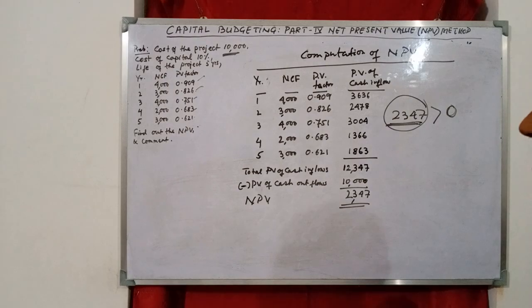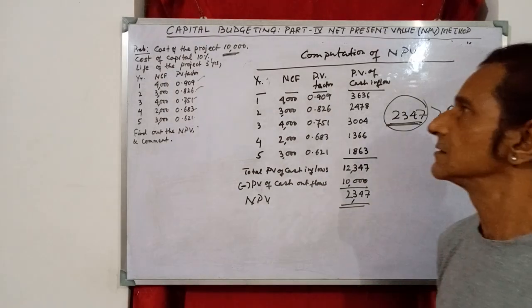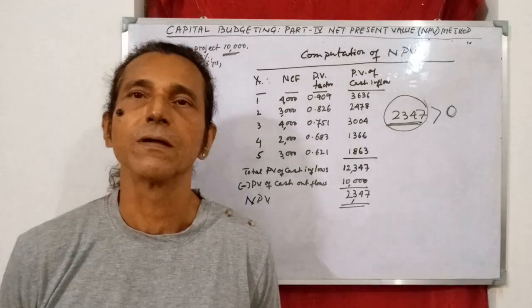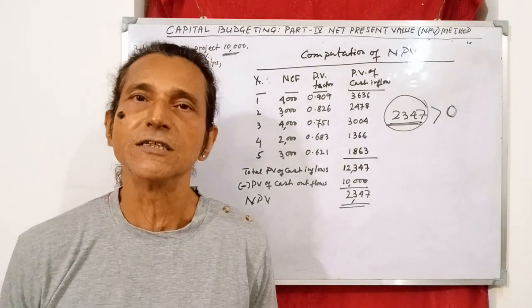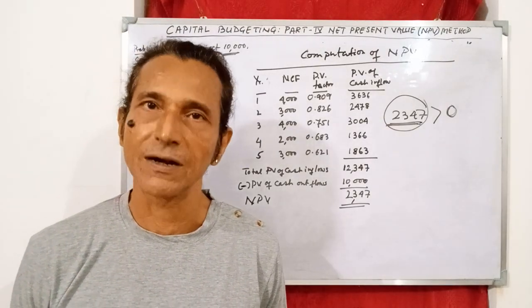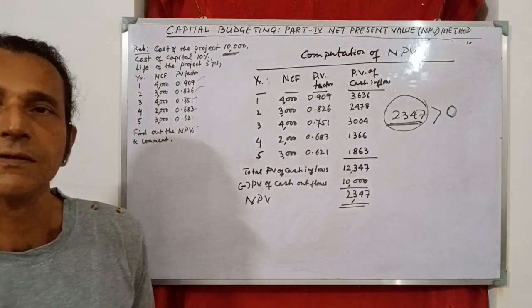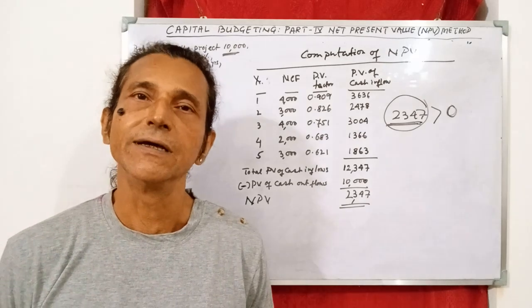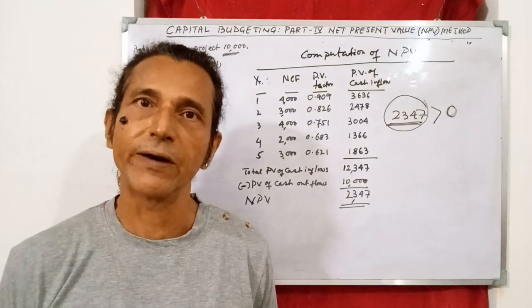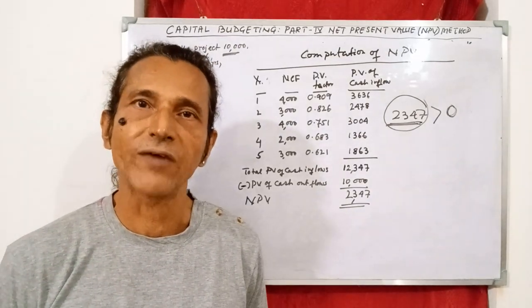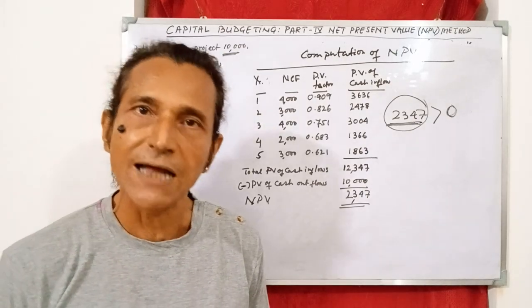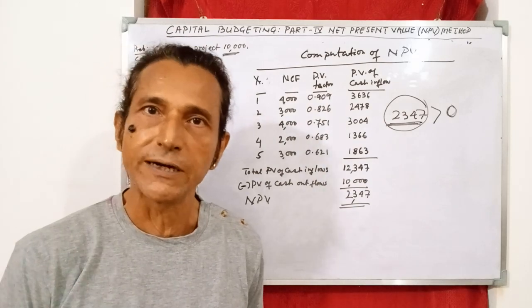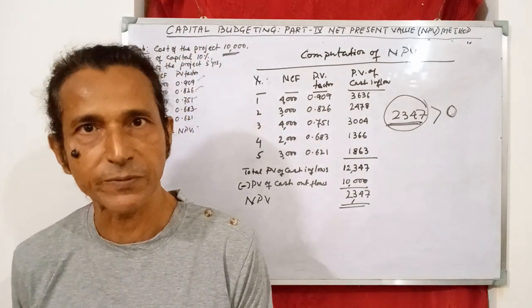So in this video, I have discussed the net present value method of capital budgeting, which falls in the discounted cash flow method of capital budgeting, and it is called the classical economic model of project evaluation because it takes into account the time value of money and it considers the fact that benefits derived from a project have two aspects. One is the quantitative aspect and the other is the qualitative aspect.